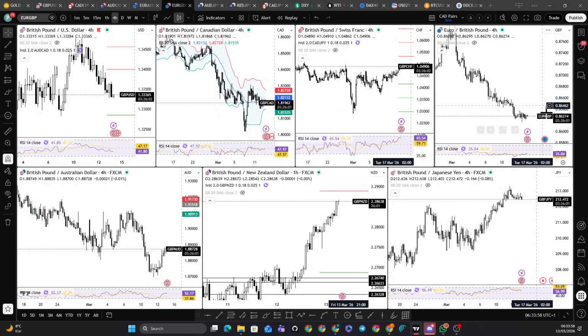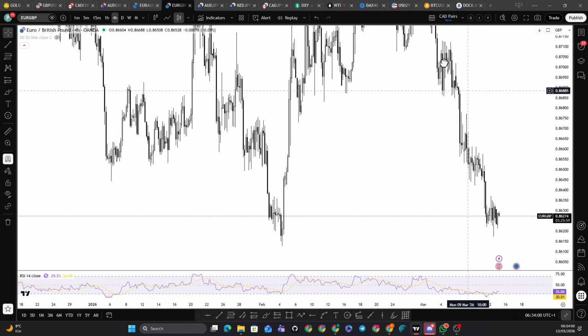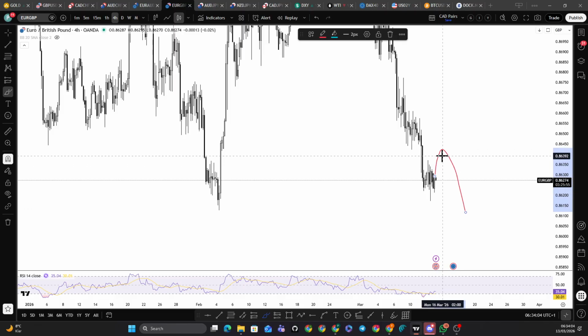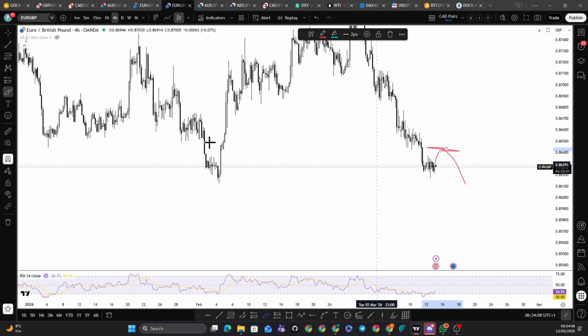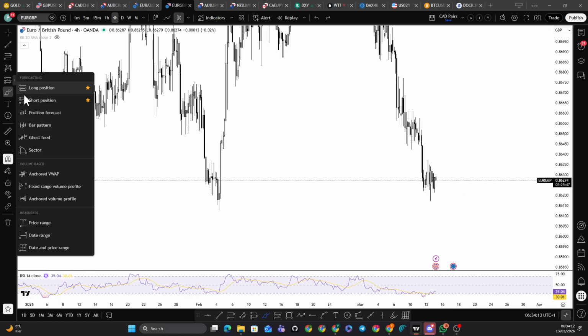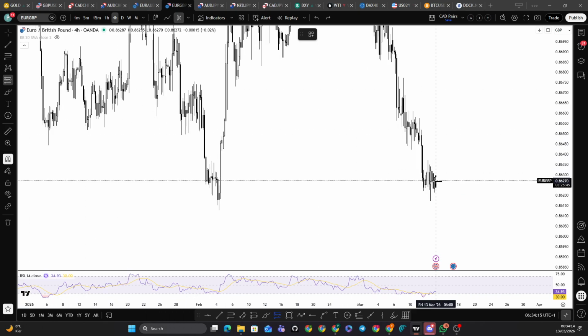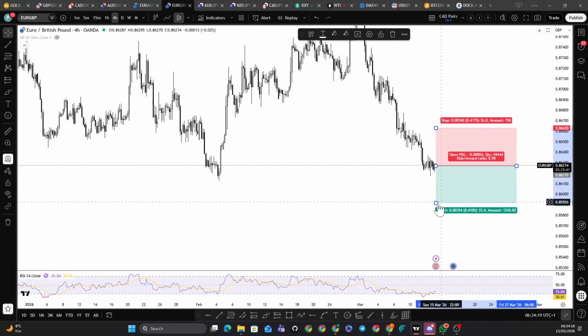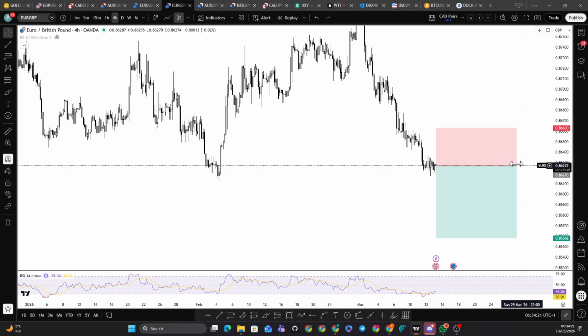Initially I think there will be this kind of movement, but I will not short GBP. I will still look for longs in GBP. So I will look for EUR/GBP shorts. This is not my entry point. I will wait for the data and the reactions.